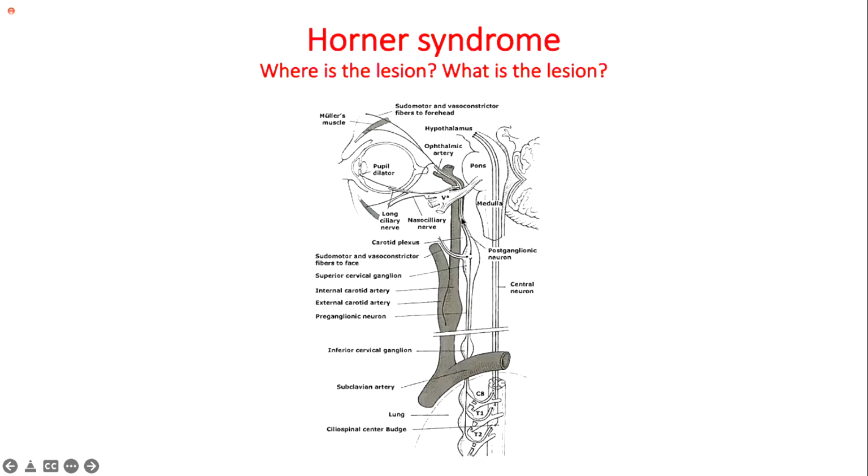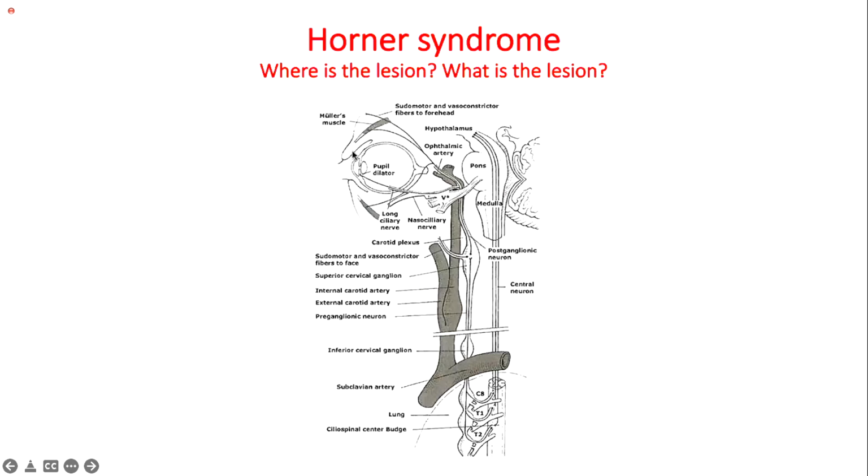And then the sympathetic fibers pass along the internal carotid artery into the pupil. Okay. So this pathway is important because here is a patient with Horner syndrome. The lesion can be anywhere in this pathway. So that is why you learn the anatomy of the sympathetic pathway.